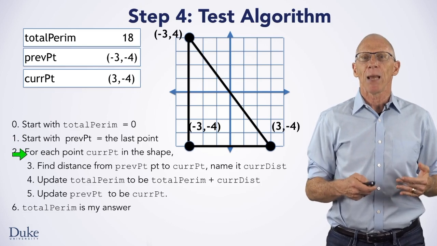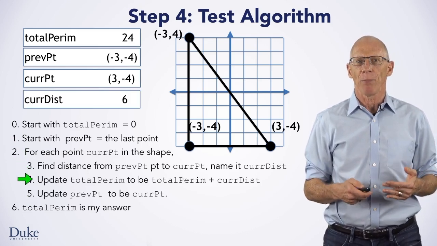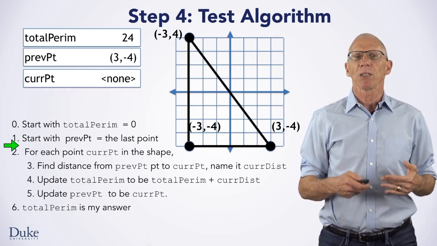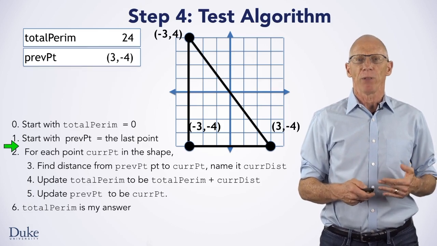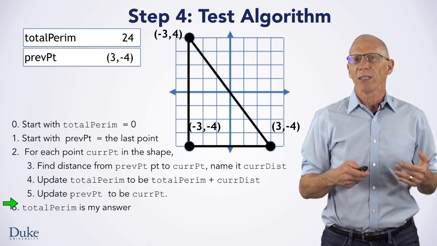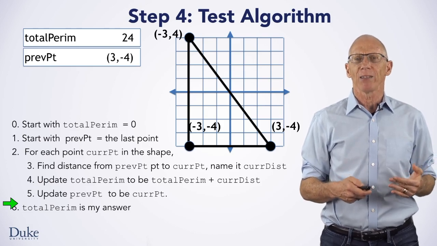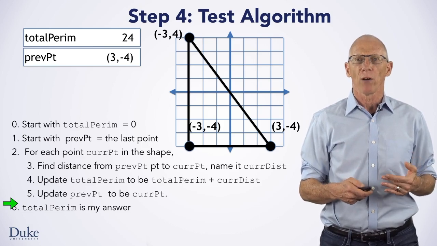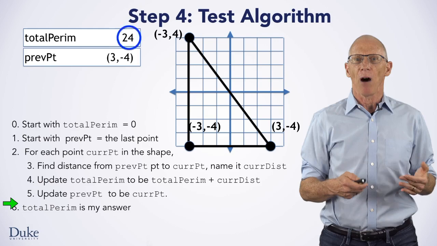We repeat these steps for the last point in our shape, after which we've gone through all the points. So we skip to the steps after our repetition. Here, we can say that total perim is our answer. Total perim is 24. Is that the answer you came up with earlier?